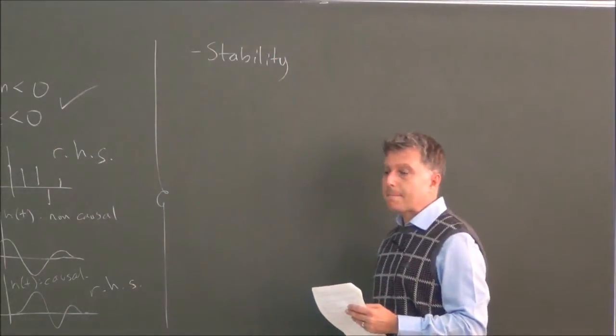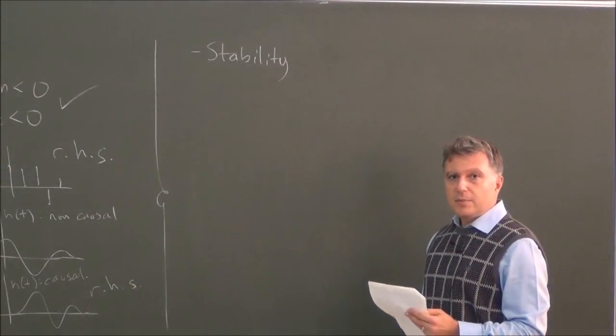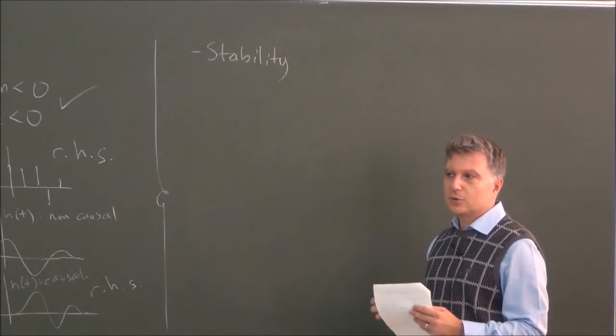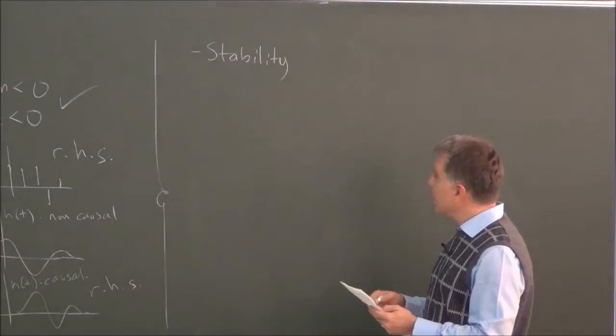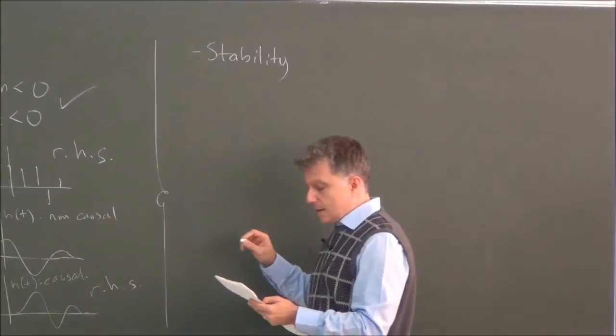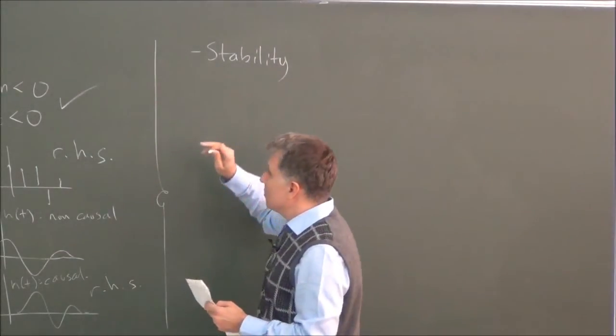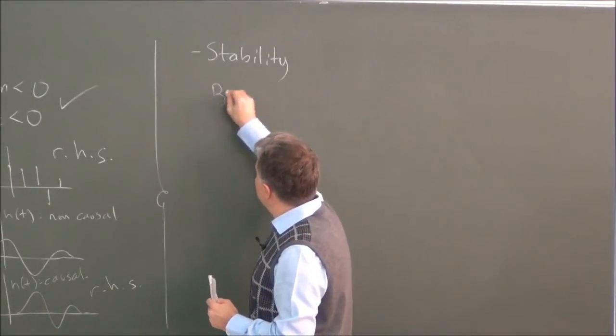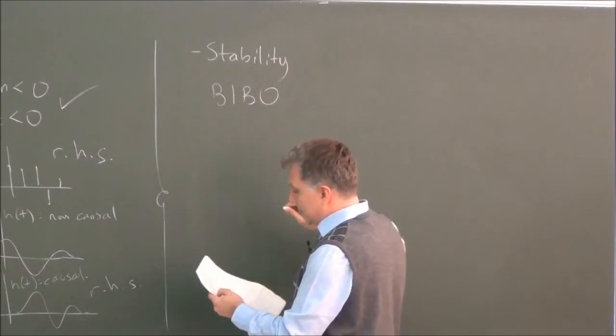Stability. If you remember, previously stability was an issue and it was difficult to test bounded input, bounded output stability. But with the knowledge of impulse response, BIBO stability is simple.